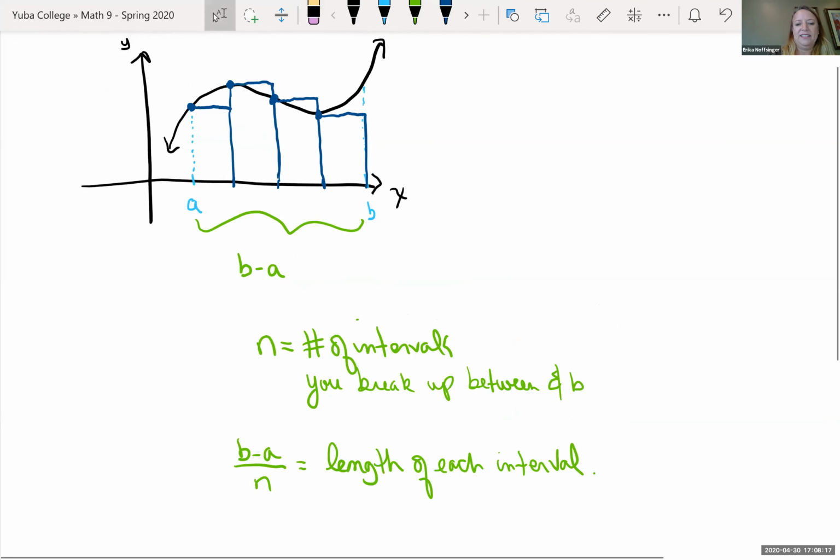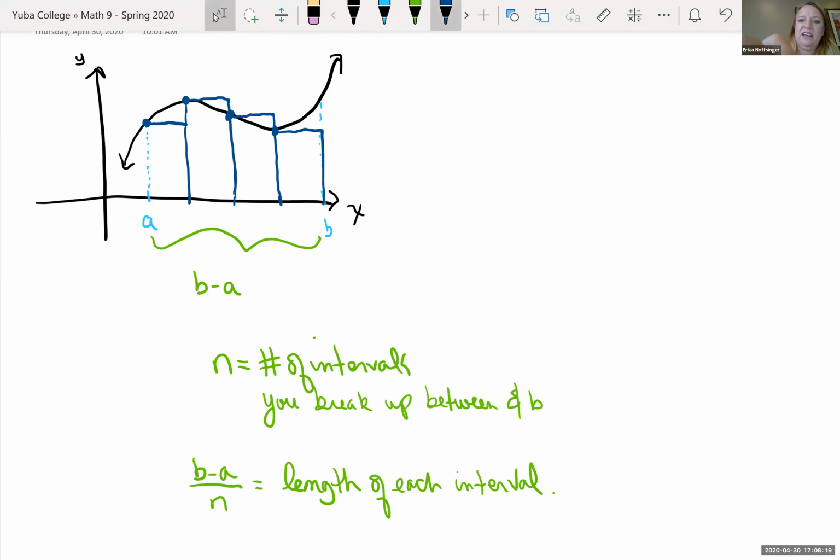In our case, because we split it up into 4 different pieces, this length would be b minus a divided by 4.